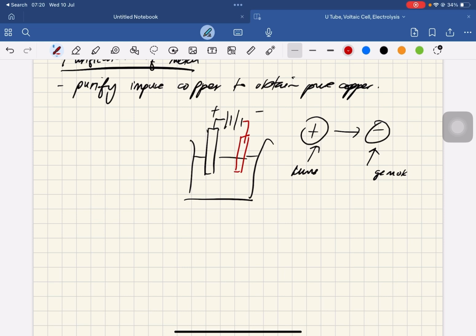Okay, now my suggestion is we're going to put our impure copper here. Impure copper here. Okay, because what? Impure copper ni maksudnya dia ialah copper, but then dia ada impurities. Okay, impurities tu macam kotor-kotor lah kat sini. Kan, kotor-kotor kat sini. Boleh. So kotor-kotor kat sini kita nak bersihkan dia lah.